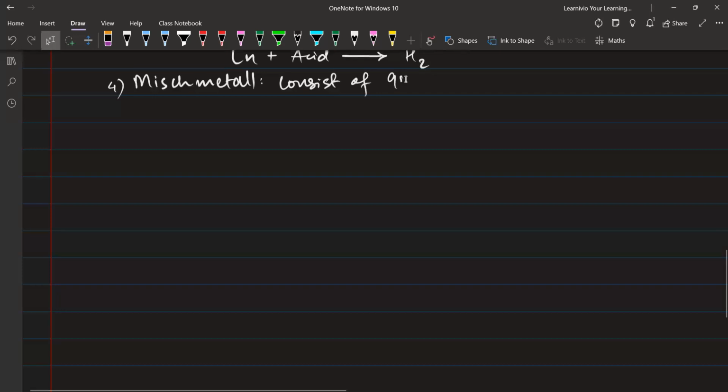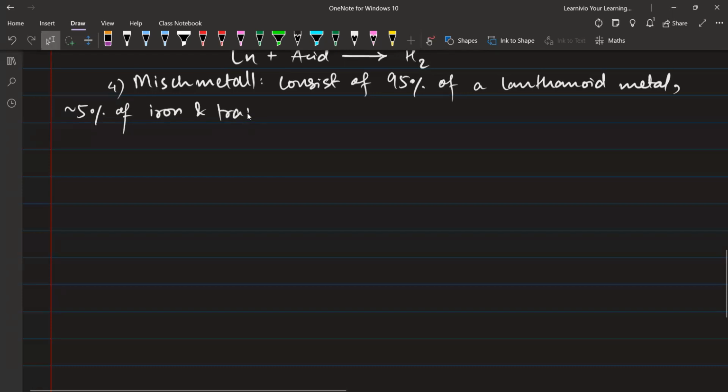It consists of 95% of a lanthanide metal, approximately 5% of iron, and traces, that means very small amount, of some non-metals such as sulfur or carbon or calcium, or aluminium.